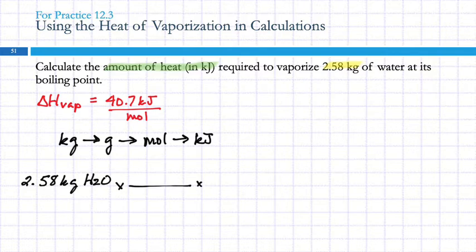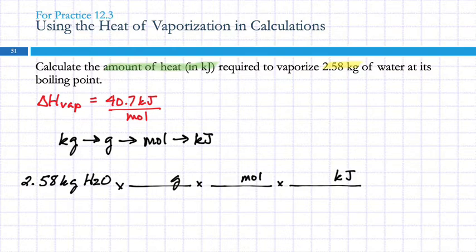So I'm going to have 3 conversion factors. His dimension analysis strikes again. Kilograms to grams to moles to kilojoules.